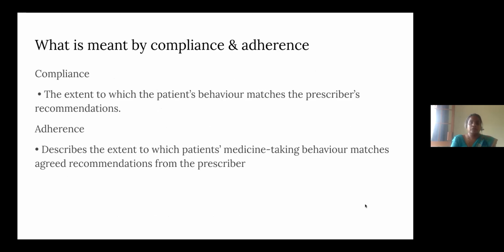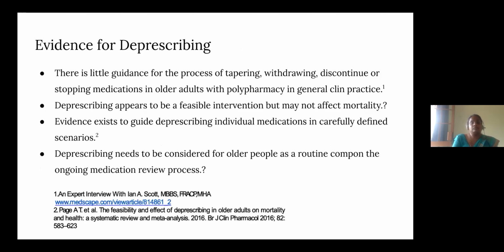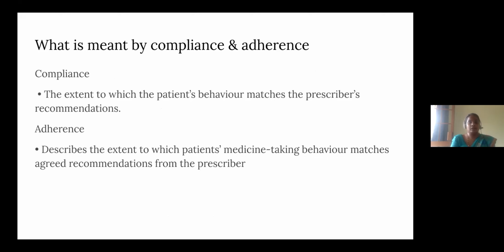So, still we can deprescribe using these medication tools, and we can reduce the polypharmacy burden. Whatever we prescribe will not work if the patient is not taking it. Here come two words, compliance and adherence. What is compliance?